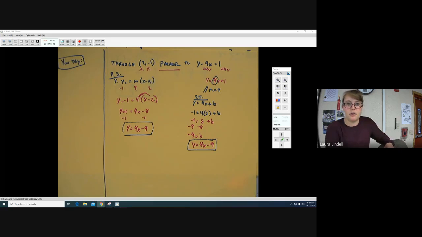All right, I posted a quick poll. Which way do you prefer? Do you like the point slope way or do you like the slope intercept way of doing things? I'm just curious. Which one do you prefer? This point slope way of doing it or this slope intercept way of doing it? What do we like better?